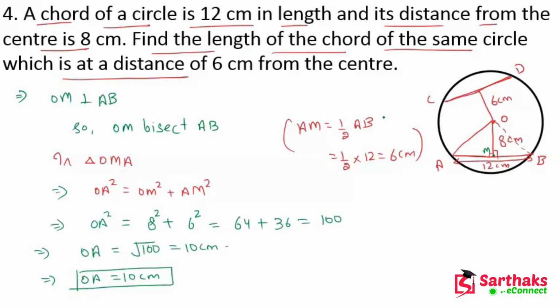Now join CO and DO. CO is the radius, and we know the radius is 10 centimeters.